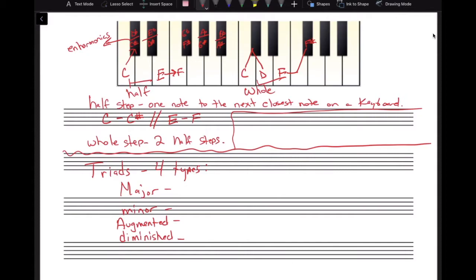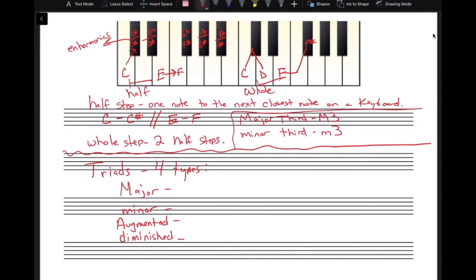Our thirds are a major third, and we have a minor third. And don't get that confused with this going on down here. That's going to be a little later. I just got ahead of the game. So for a major third, the symbol is a capital M3, and for a minor third, a lowercase m3.